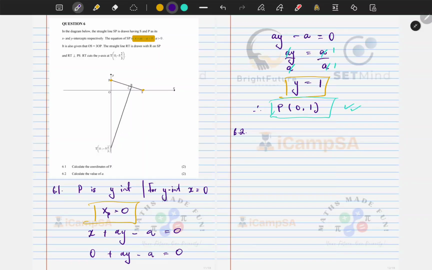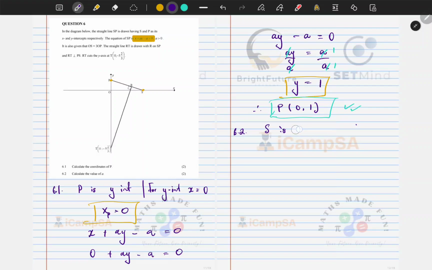S is an x-intercept. And what do we know about the x-intercept? For the x-intercept, your y is going to be equal to 0.